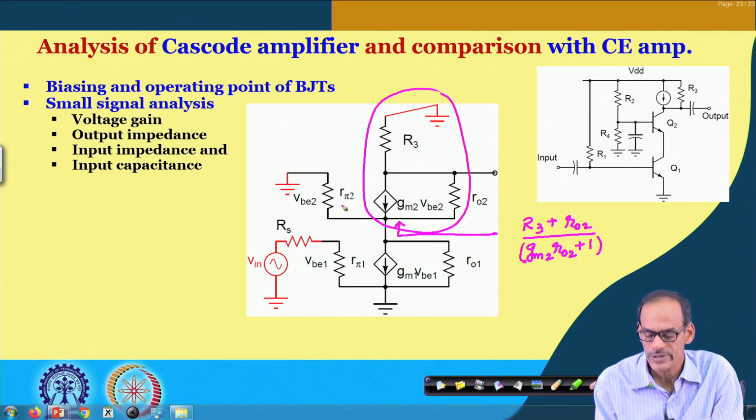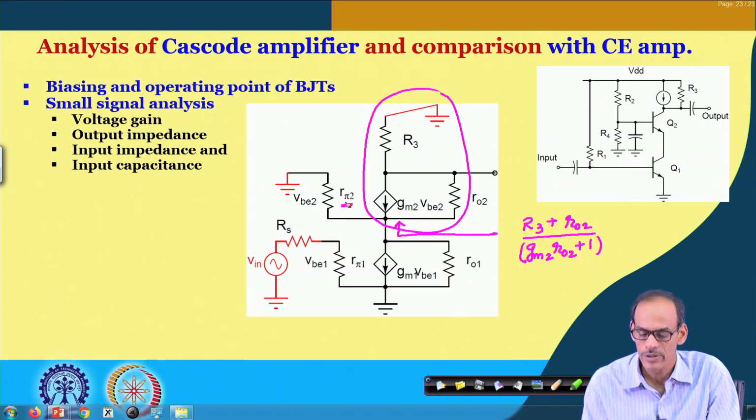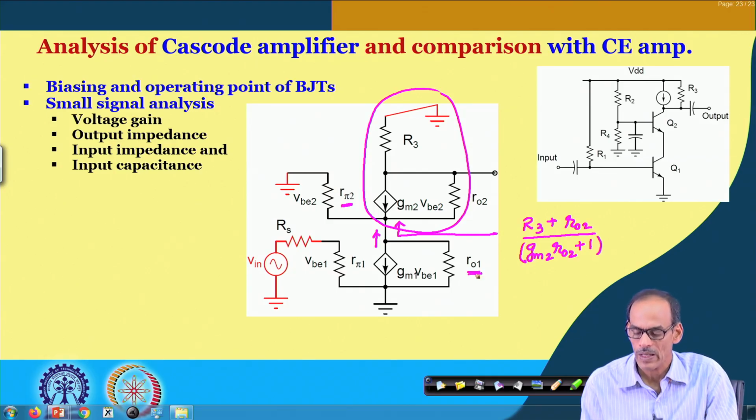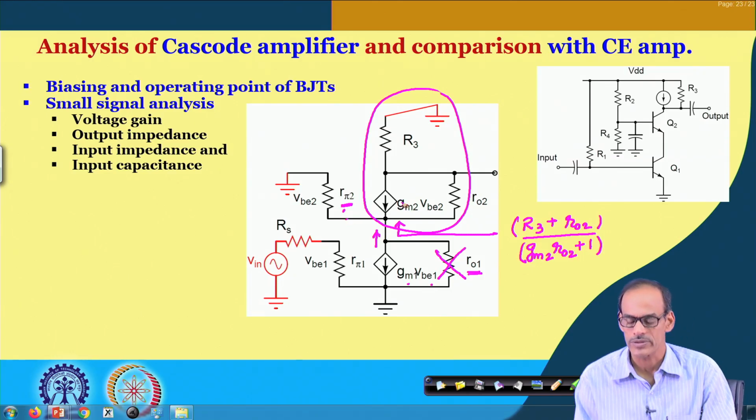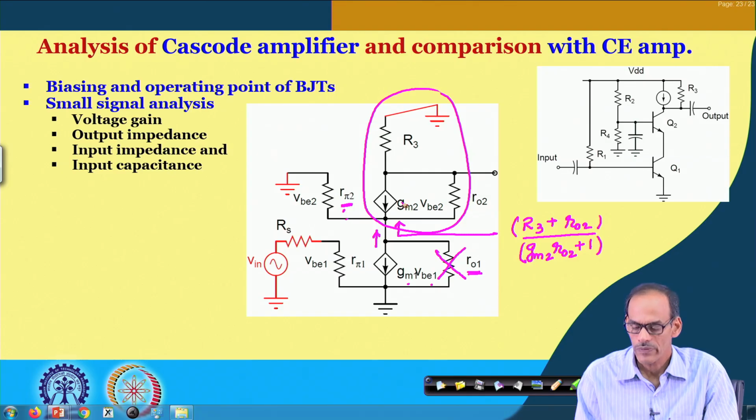On the other hand, this is straightforward, this is r pi 2. If this is the signal current entering, this is a resistance which is quite high compared to r pi and maybe compared to this, so we may ignore this path. We can say that g m into V b1 is essentially coming from these two paths. Depending on the value of this resistance, of course, there will be bifurcation.